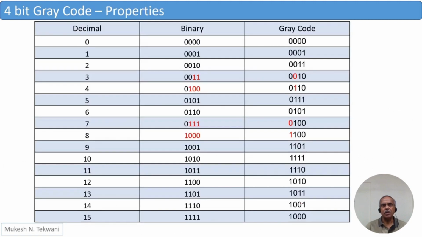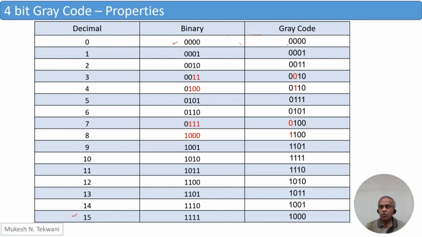Okay. Now let us take up these properties one by one and see how they apply to this particular Gray code. Here we have the decimal numbers from 0, 1, 2, 3 up to 15. We have their equivalent binary values in 4 bits, 0000, and coming to 15 we have 1111. Now the Gray code is shown here.